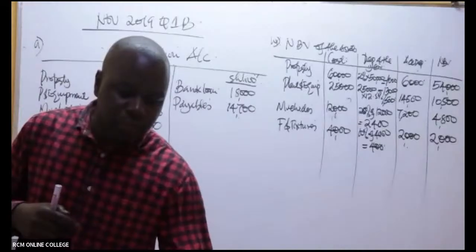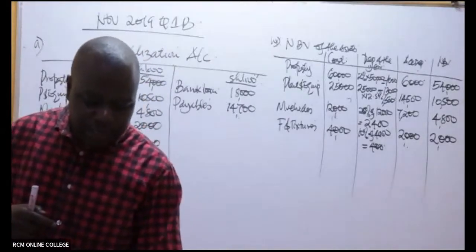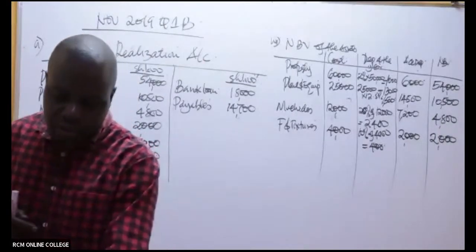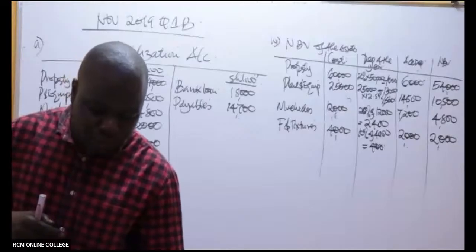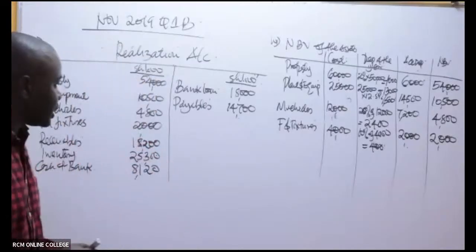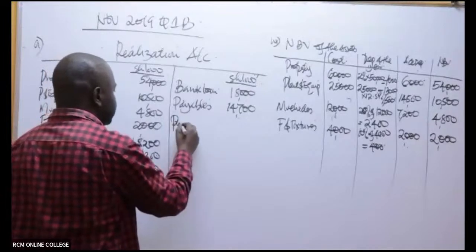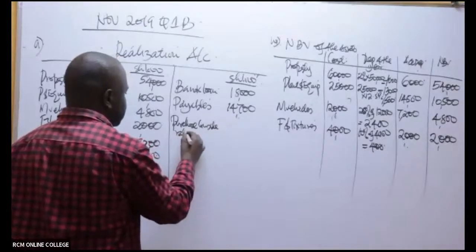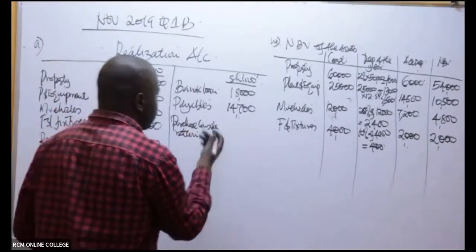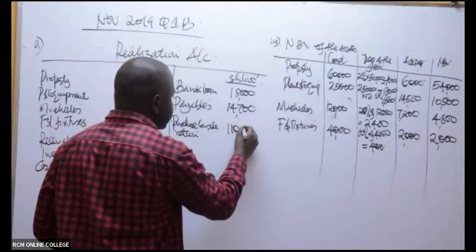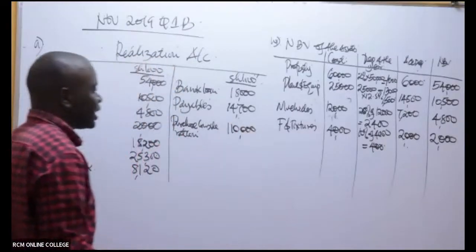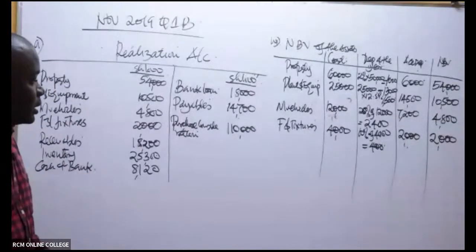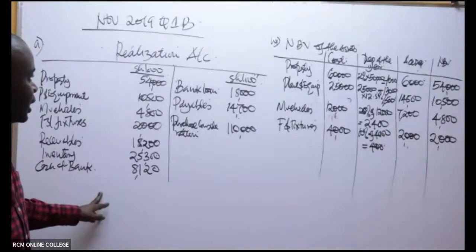If you look at note number 5, the purchase consideration amounted to 110 million, that is, 110,000 in thousands.